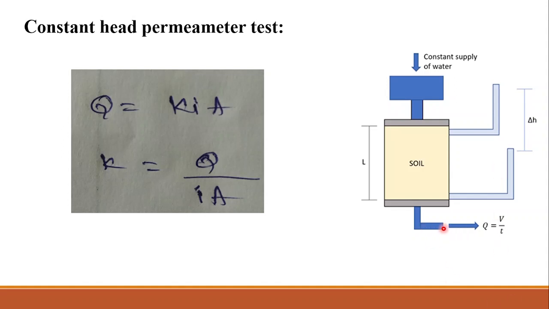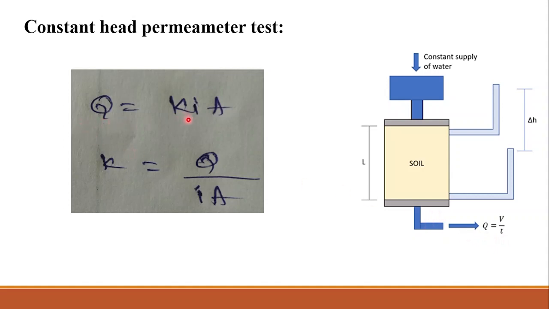You can see here, this is the outlet. Within 1 minute, how much water is collected, then you can find the discharge value. Q is equal to volume by time. In 1 minute, how much volume of water is collected in the tub, that is volume by time. This will give the discharge value. Now the discharge you will know.